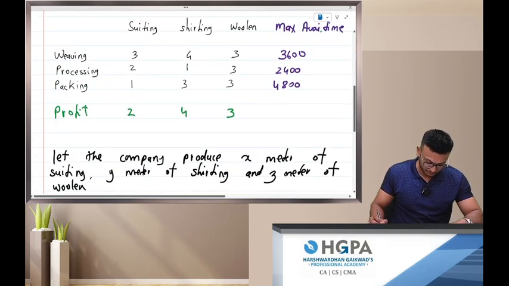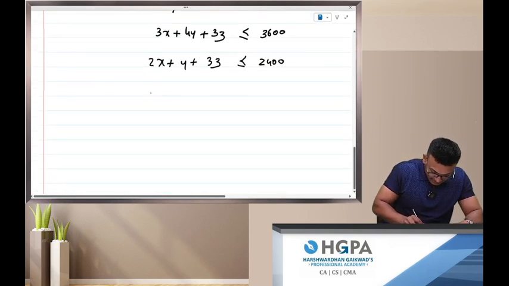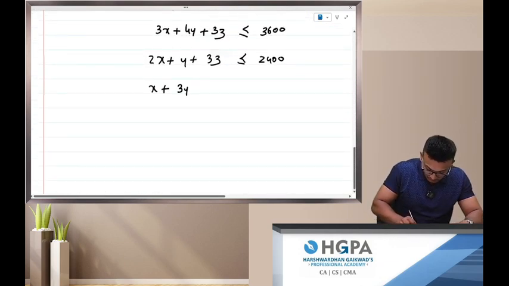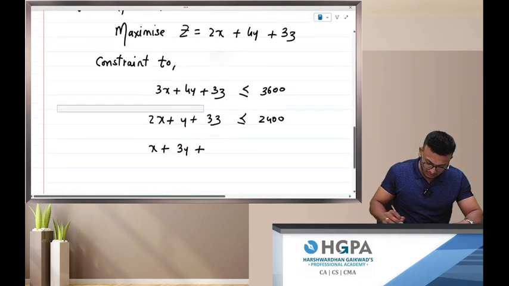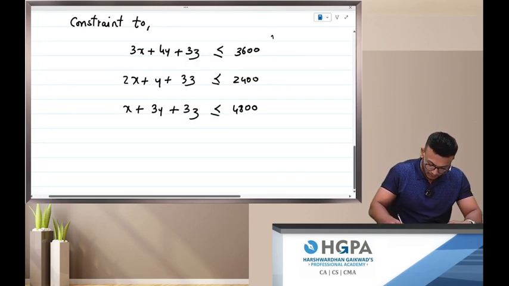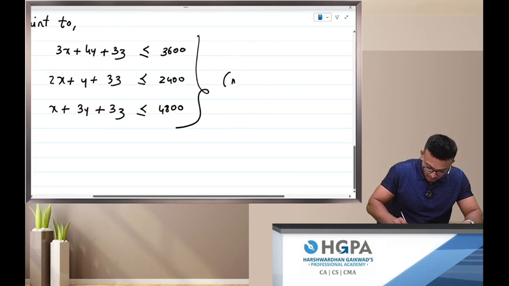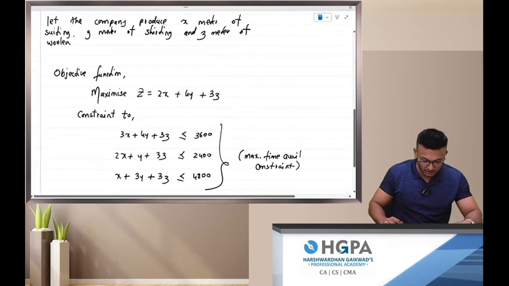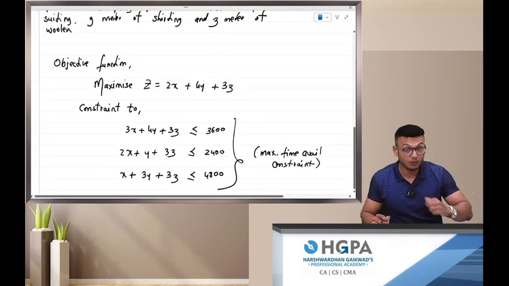And last is x plus 3y plus 3z must be less than or equal to 4800. Finish. Okay. Maximum time availability constraint.